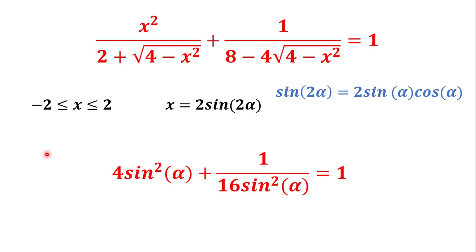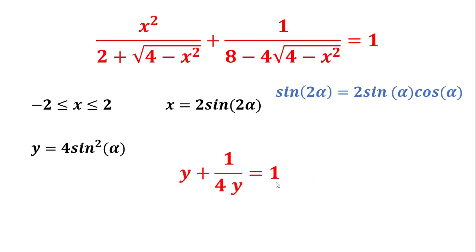Now we want to put 4 sine squared of alpha equals y, and this equation becomes y plus 1 over 4y equals 1.